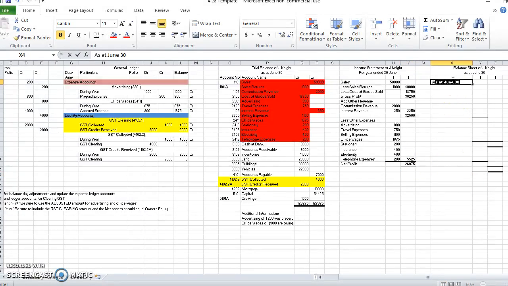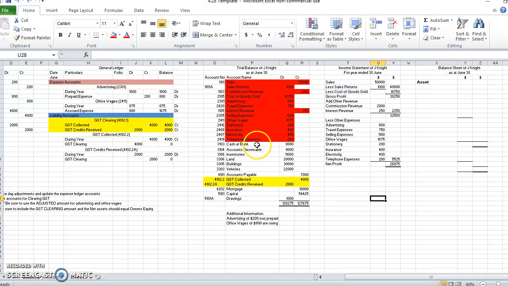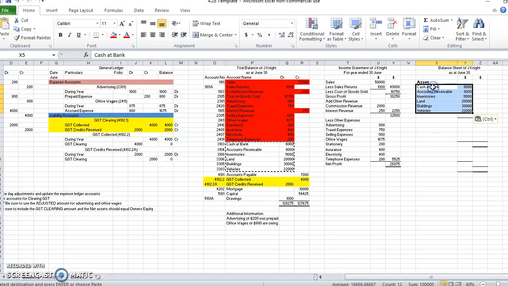As we format our balance sheet, we remember that it's a visual representation of the accounting equation. So we've got our assets, then we take off our liabilities, and that'll equal our owner's equity. So we just take all the amounts from here. So we take all of our assets out of our trial balance. We've got cash, accounts receivable, inventories, land, and buildings are all of our assets.